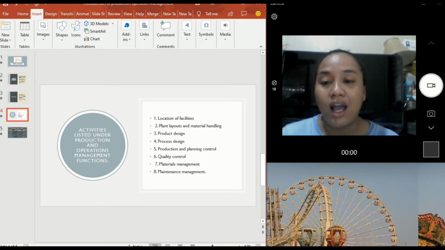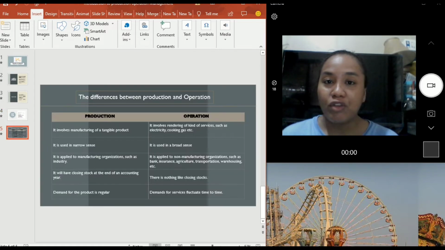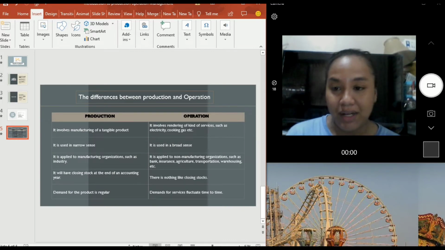Later on, after me, they are going to discuss each one of these, and they are going to give examples for these functions. For the last part of my report is the difference between production and operation management.